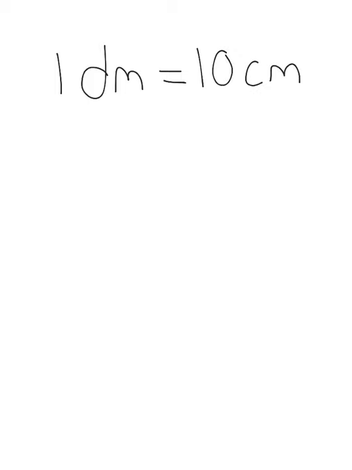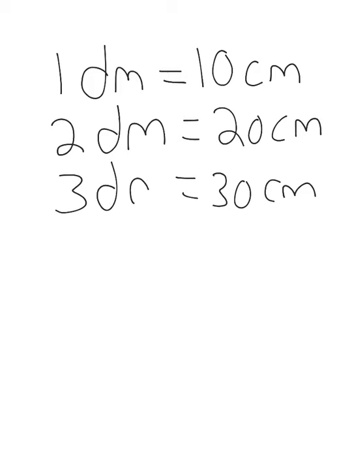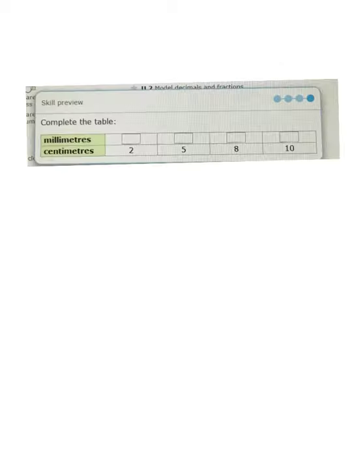I don't find this one as important, but it is going to show up in the IXL practice, so you need to be aware of it. Therefore, 2 decimeters is the same as 20 centimeters. So it's obviously between the size of a centimeter and a meter. Therefore, 30 centimeters, so the average ruler, is 3 decimeters in length.